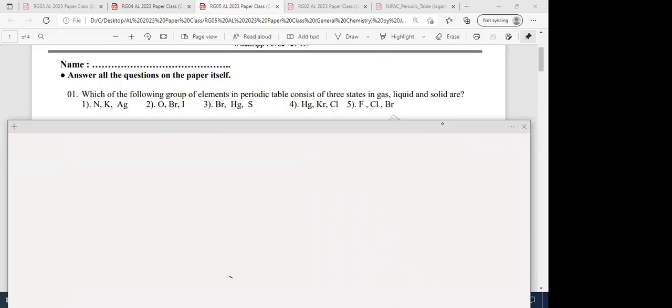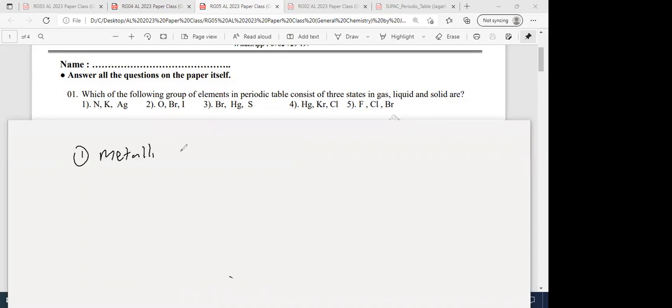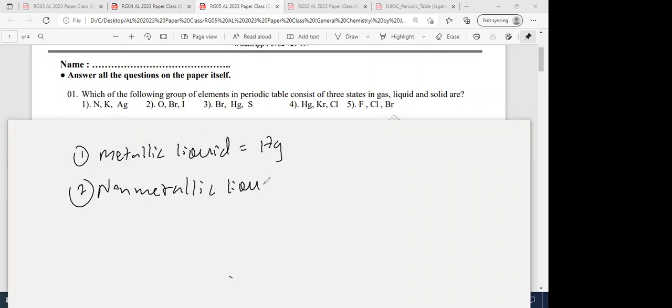Please write this down separately: metallic liquid is mercury, and number 2, non-metallic liquid is bromine. So those are the two liquids in your syllabus: metallic liquid mercury, non-metallic liquid bromine.